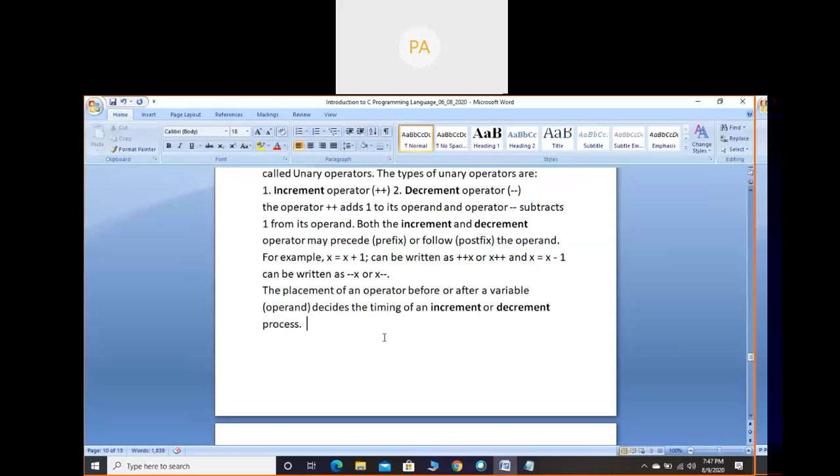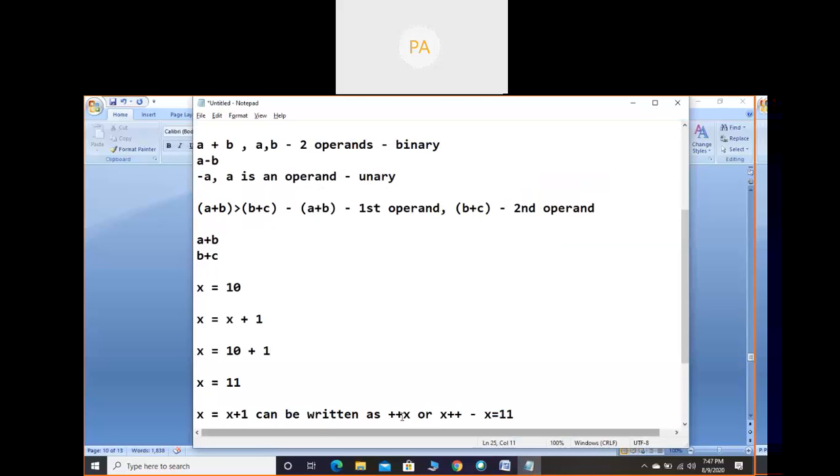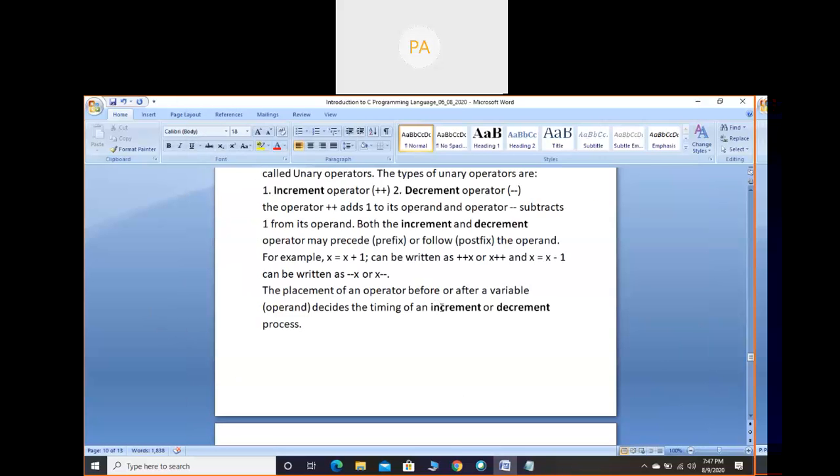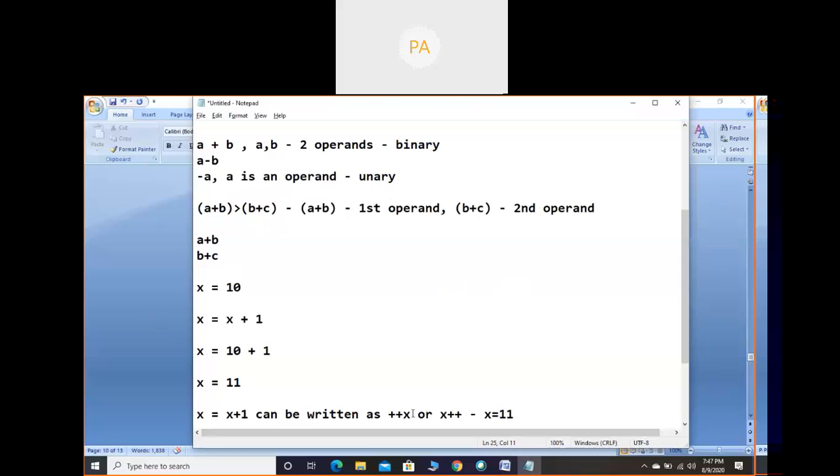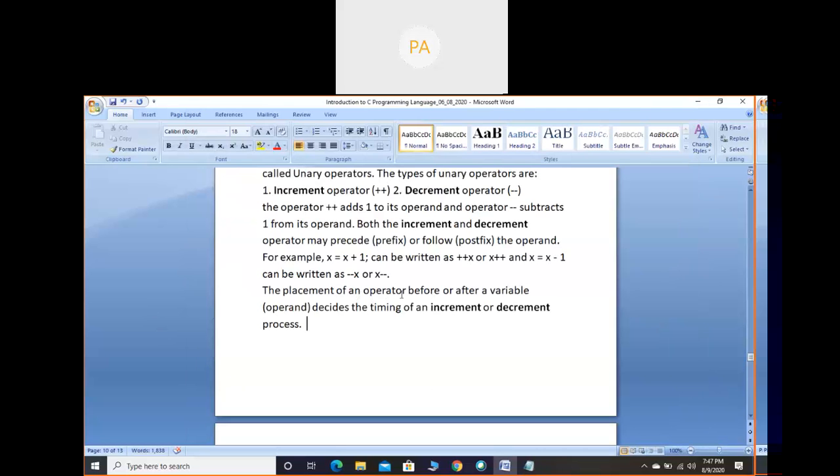That means, if you are writing plus plus x or x plus plus, we say that both will do the same operation. But what they are telling is, if you write plus plus x, it will do some other operation. In the next example, you will come to know. Or if you write x plus plus, the operation is different. So what they're telling is the placement of an operator before or after a variable.